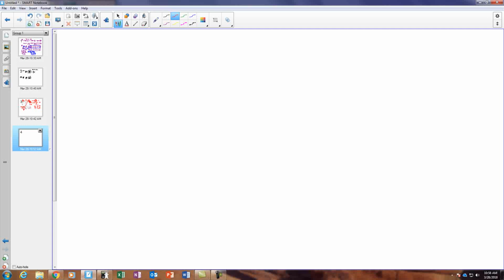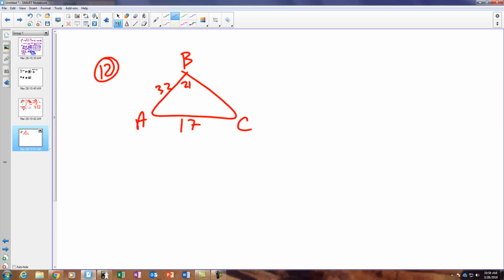All right, so let's look at question number 12. You're given a triangle. They tell you that this is big B and it's 21 degrees. This right here is 32 and this is 17. Here's A, here's C. Now keep some things in perspective.